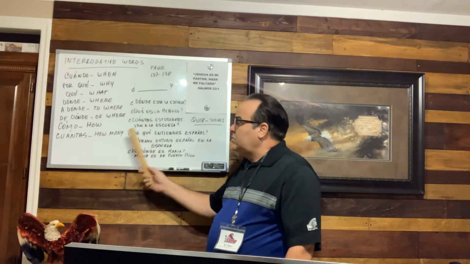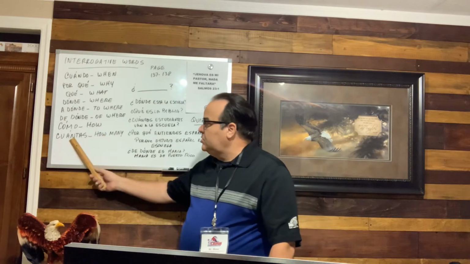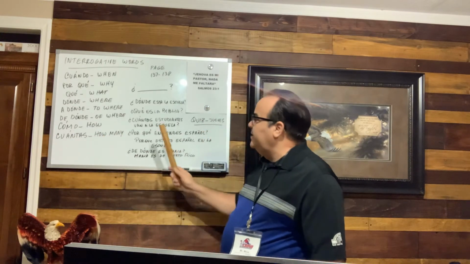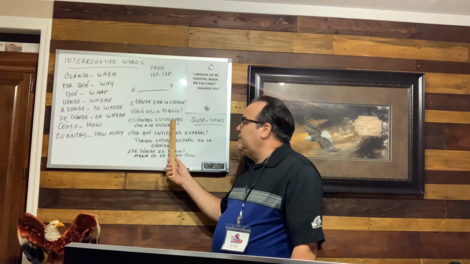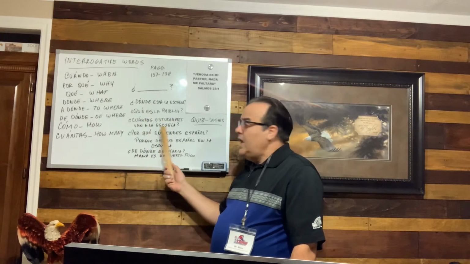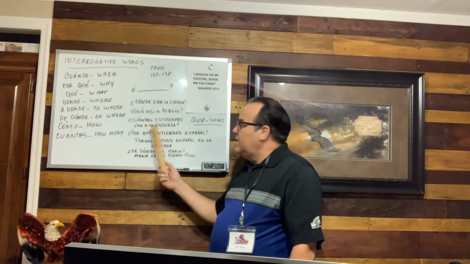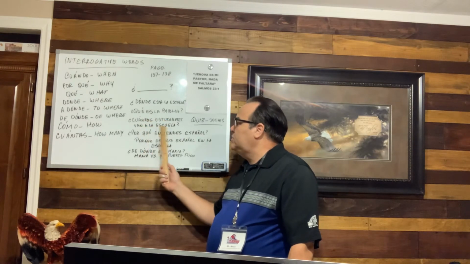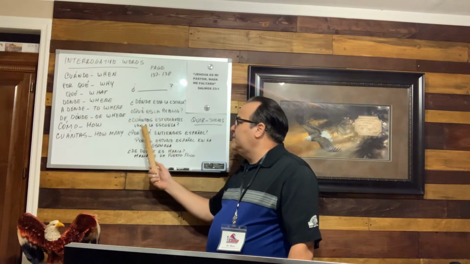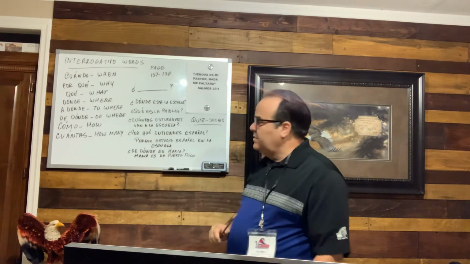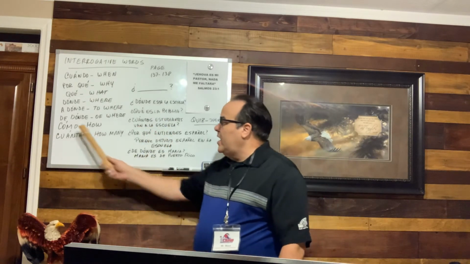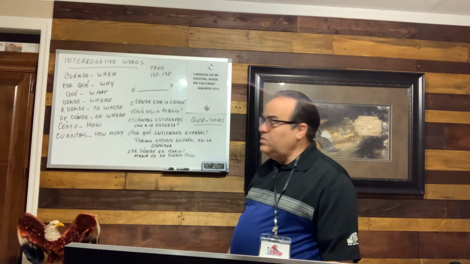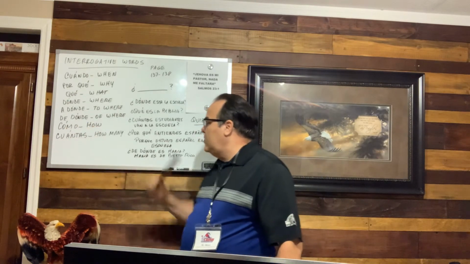¿Cuántos here? That means how many? And the question is, ¿cuántos estudiantes van a la escuela? How many students go to the school? And then we have cómo, that means how.